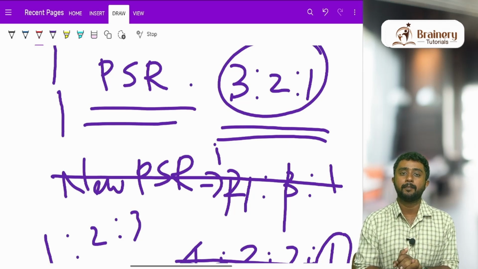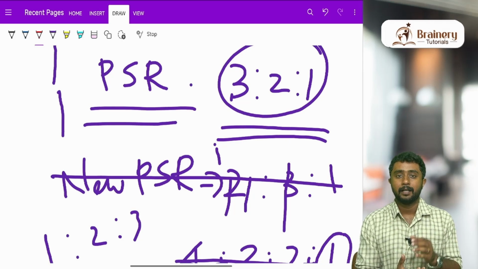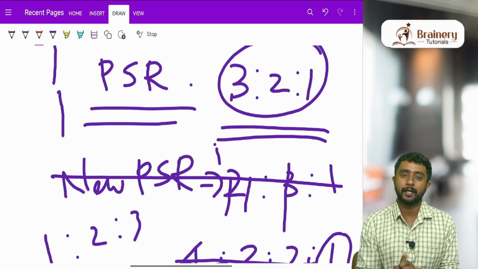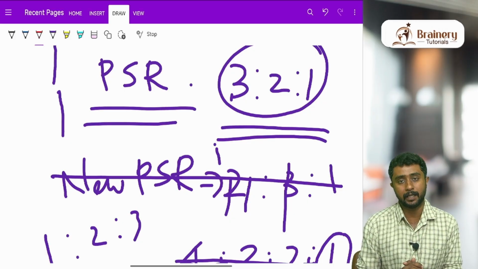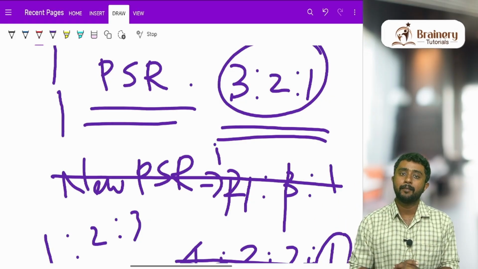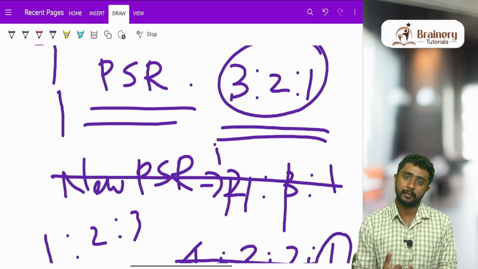If the majority of them are gaining, we can call it the gaining ratio. If the majority of them are sacrificing, we can call it the sacrificing ratio.